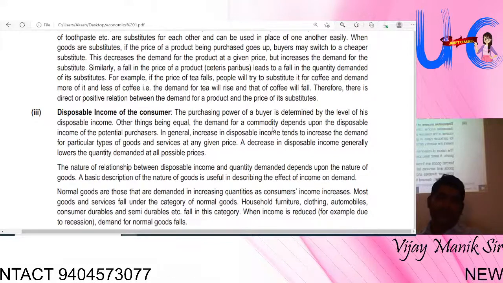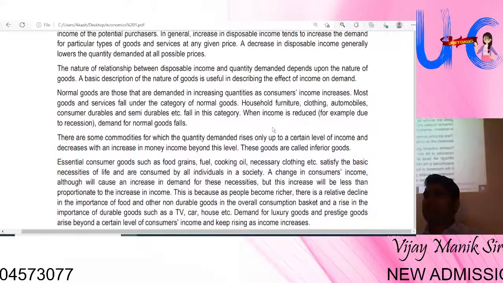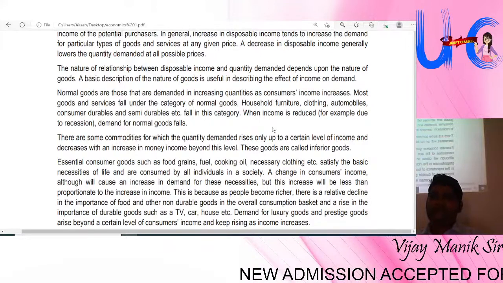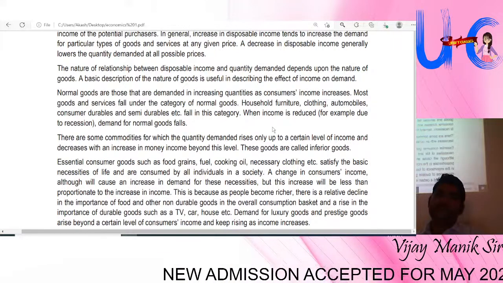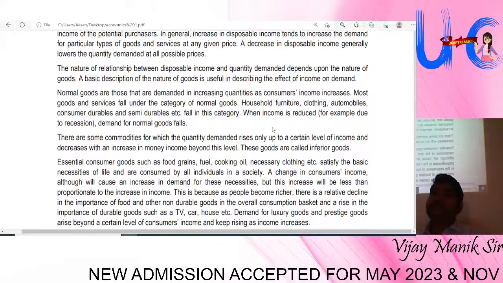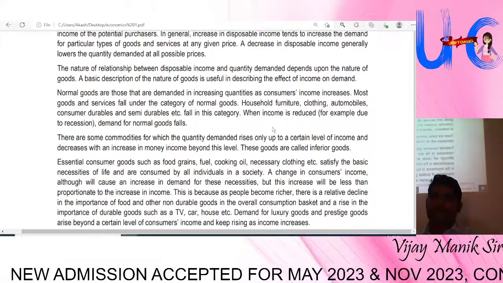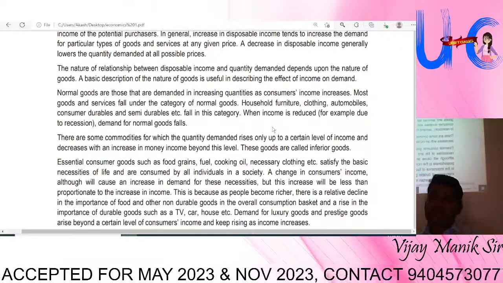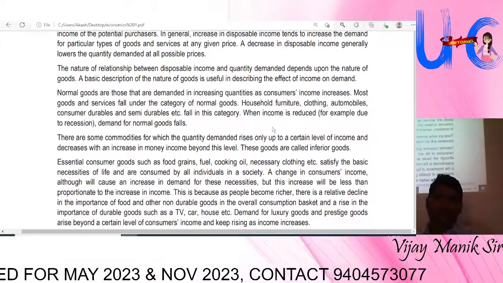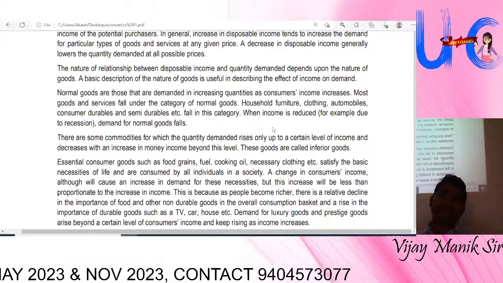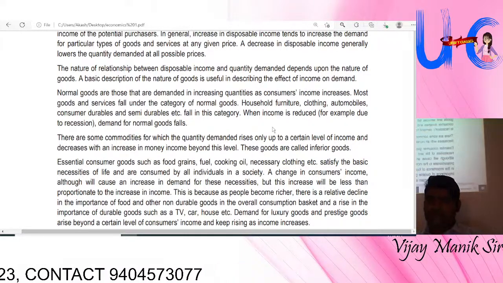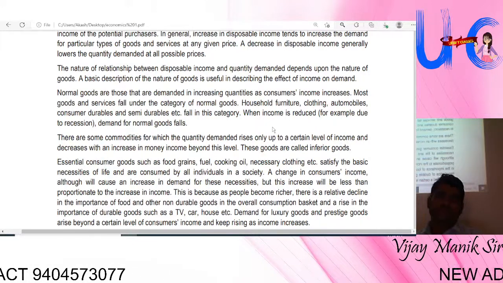Disposable income of the consumer. What is the difference between income and disposable income? Suppose a person is getting 50,000 salary every month. So 50,000 is the income of that particular person. And what will be the disposable income?